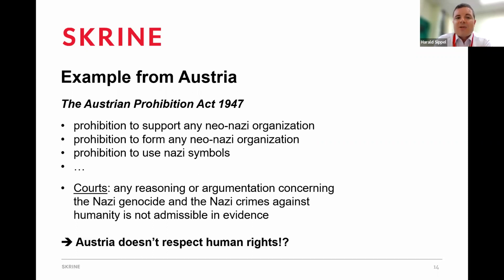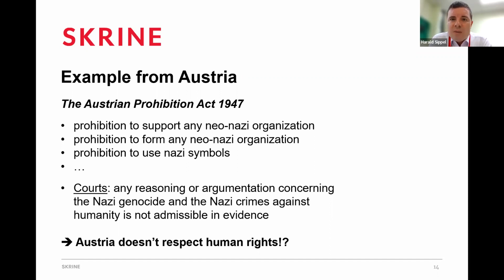So I'm asking you, does Austria not respect human rights? What's going on here? Because even the courts say you cannot say, no, I don't believe what is written in the history books, I think it was different. You're not allowed to say that, and it's not admissible as evidence before courts.